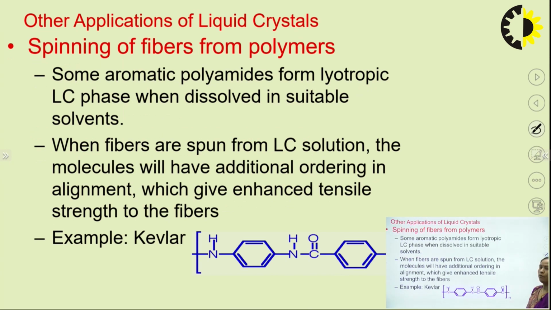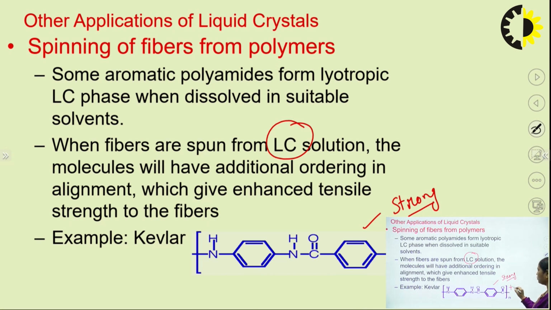Next application of liquid crystal: some aromatic polyamide can be obtained from lyotropic liquid phase when dissolved in a suitable solvent. When these fibers are spun with liquid crystal solution, the molecules will have additional ordering in an alignment. As we all know, Kevlar is a very strong polymer and it is used in the formation of strong substances such as helmets and bulletproof vests.